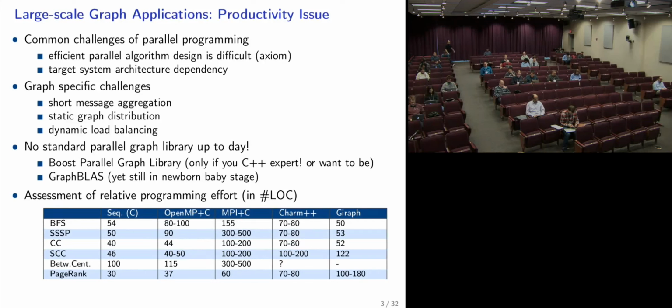In the right two columns, you can see Charm++ and Giraph. The Charm++ implementations of graph algorithms are from my own experience. Giraph is an open source implementation of Google's Pregel, a specific graph framework, and you can see that it has relatively high productivity compared to, for example, MPI.